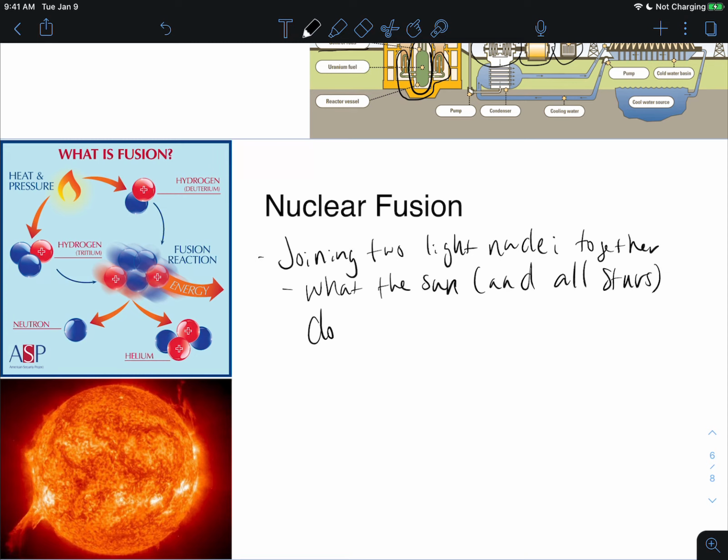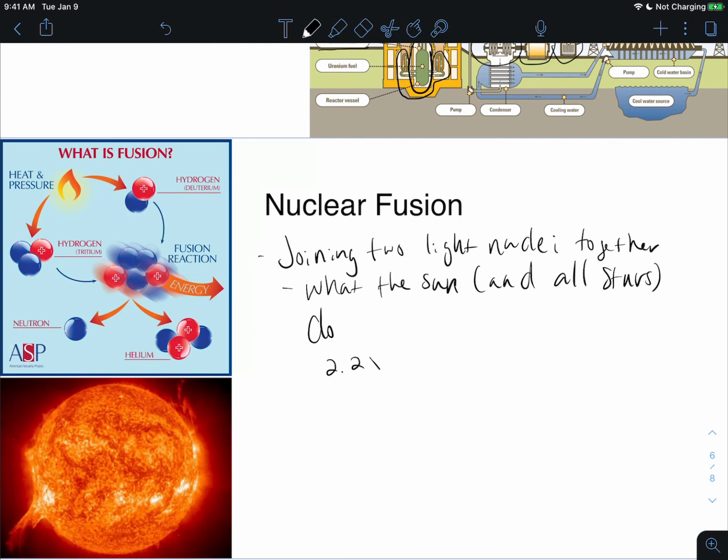Okay. It also generates a large amount of energy, 2.2 times 10 to the 9 kilojoules per gram, so a significant amount, even more than the fission does.